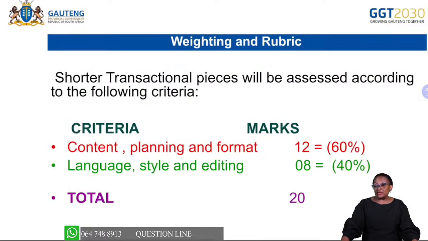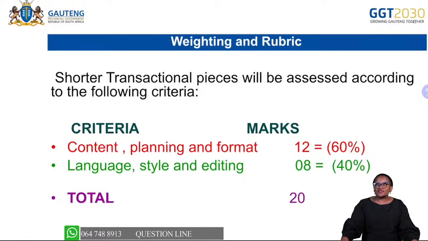Let's have a look at the weighting of our rubric there. Like I indicated in the previous slide, the shorter transactional pieces will be assessed according to the following criteria: the content, planning, and format, which carries 12 marks.